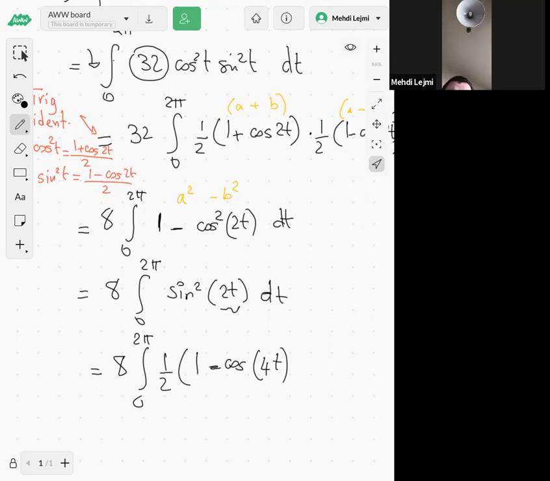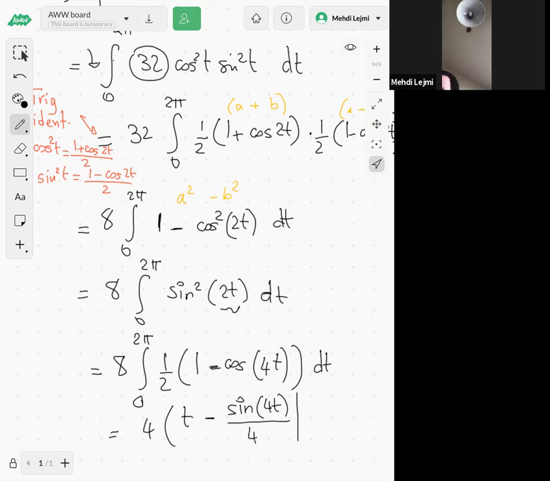So dt, and that's not hard to integrate now, right? So this is just 8 times half, that would be 4, and then the integral of 1 is just t, and the integral of cosine 4t will be sine of 4t over 4.